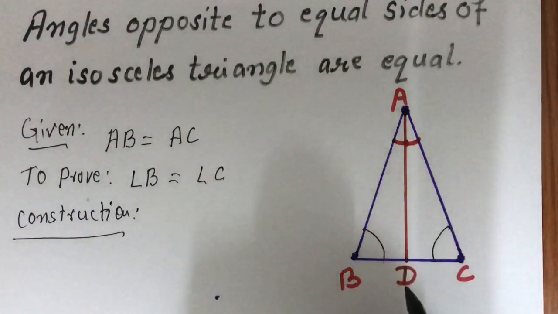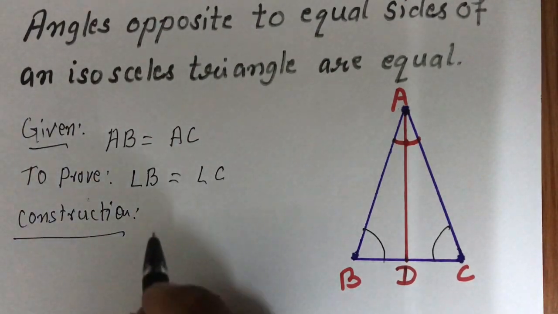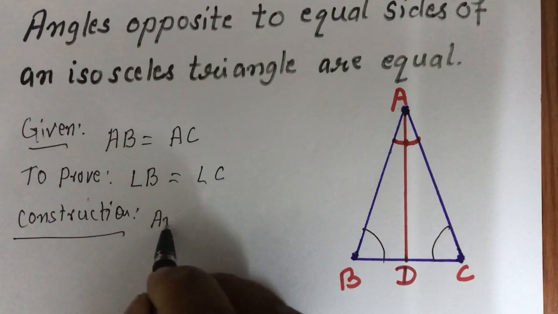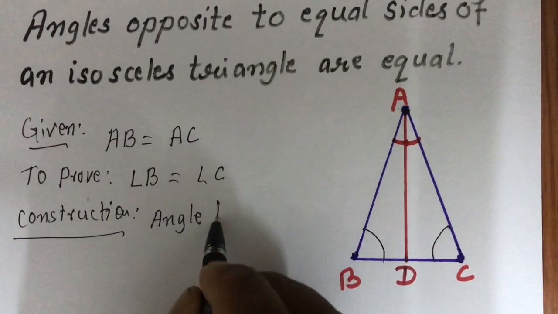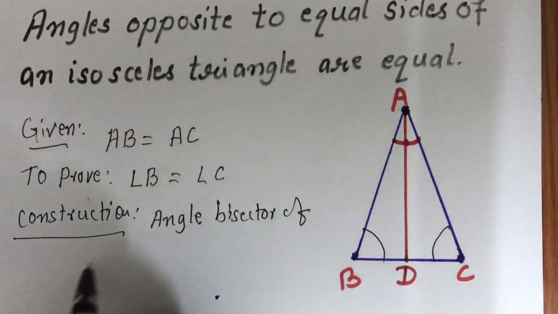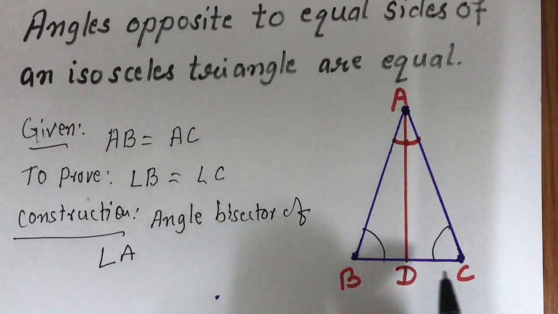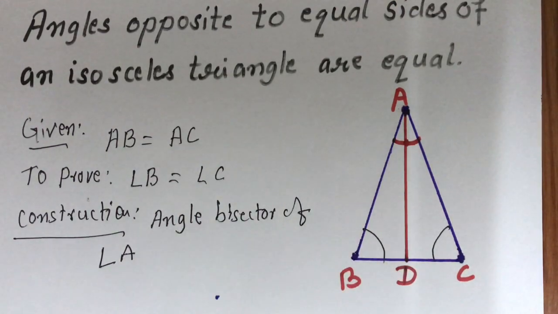I have drawn this angle bisector of angle A. Construct angle bisector of angle A, which meets the side BC at point D. Understand?